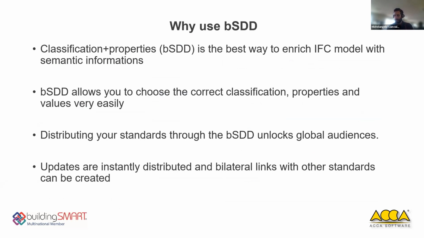We said that to guarantee the quality of the IFC model, the bSDD is very convenient, one of the best ways to enrich such IFC models with semantic information. We have seen that bSDD gives you the information and the possibility to choose the correct classification, properties, and values in an easy manner.